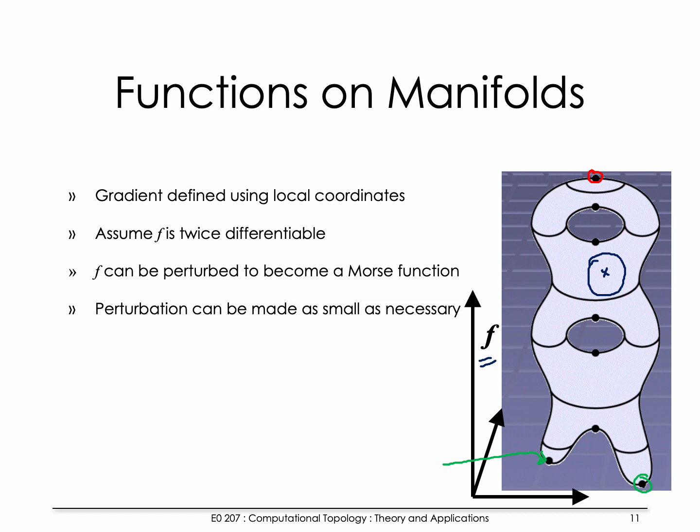And this perturbation can be made as small as necessary, right? So for those of you who have done some real analysis, I will state this formally. For those who don't, I will try to give an intuitive description. So we know that the Morse functions are dense in the set of all smooth functions, right?